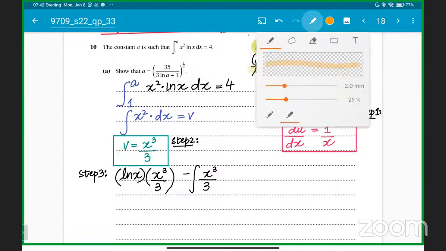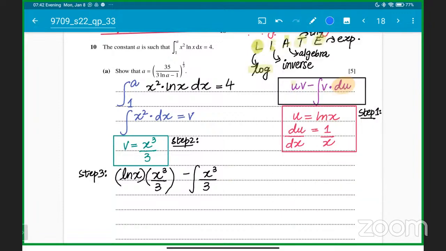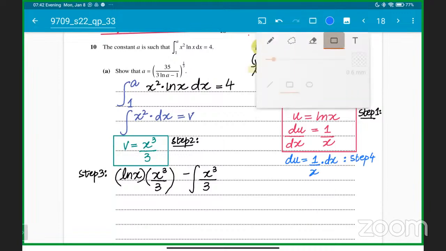So we need it in terms of du. This will be step number 4. You have to get du as the subject from here. So it will be dx over x as the subject. Got it, everyone? Clear? Understood? Any questions? Let me know.